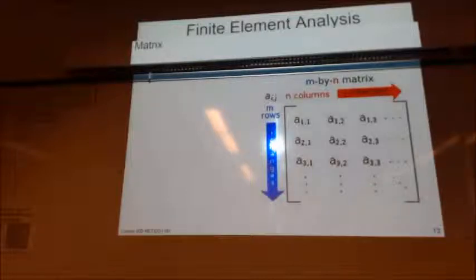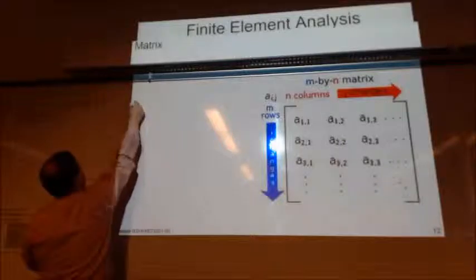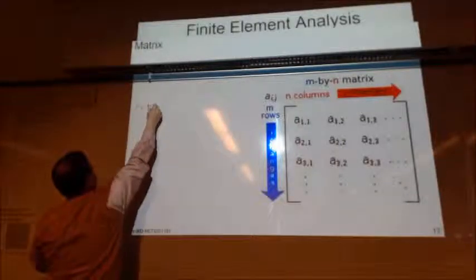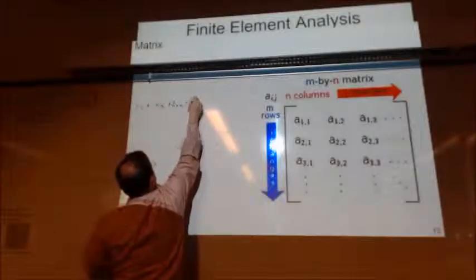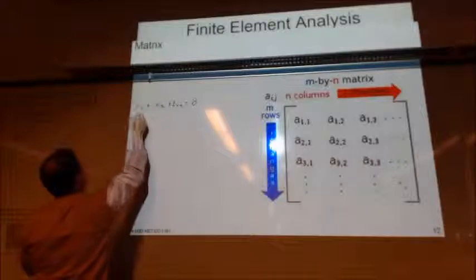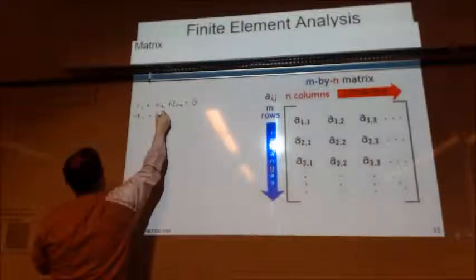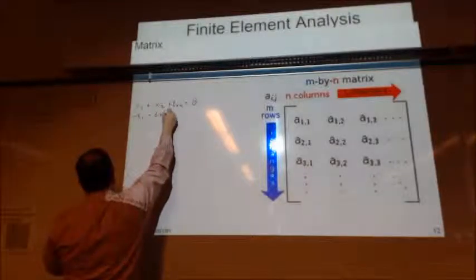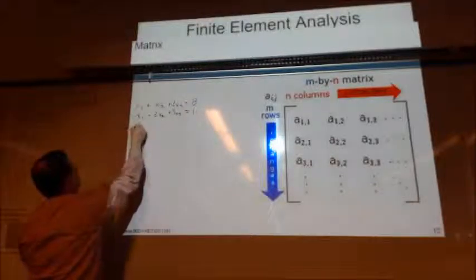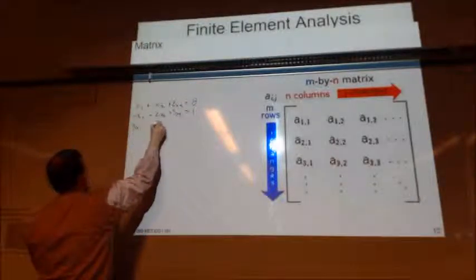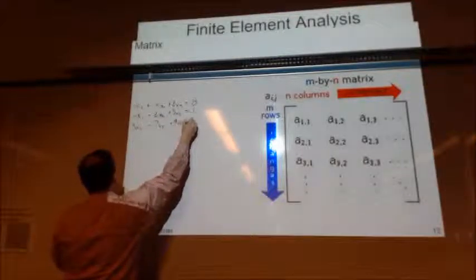So if we take our equation a little bit farther, if I have x1 plus x2 plus 2x3 equals 8, minus x1 minus 2x2 plus 3x3 equals 1, 3x1 minus 7x2 plus 4x3 equals 10.